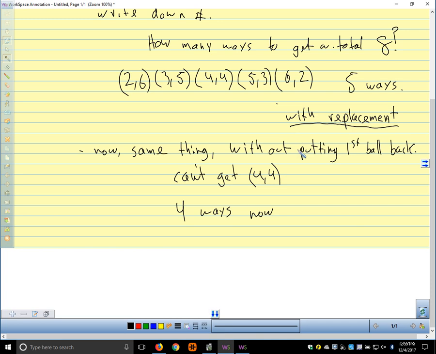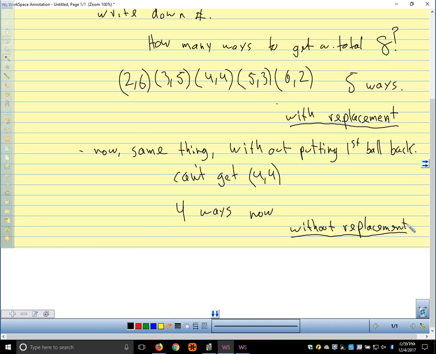We call this counting or choosing without replacement. And it'll be important, as we saw in this example, to decide whether we're counting or choosing with replacement or without replacement.